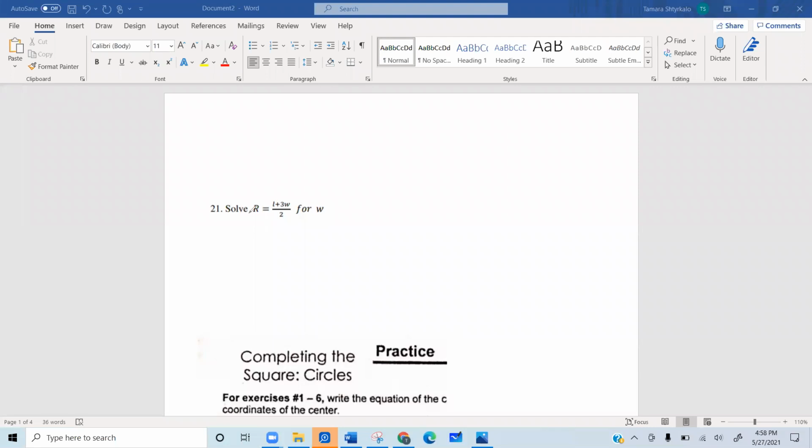So when I see something like this, I put this over 1 and then I go crisscross. So I'll have L plus 3W equals 2R. So again, using proportions to solve fraction equations. Let me finish this. So 3W equals 2R minus L, and then W is 2R minus L all over 3.